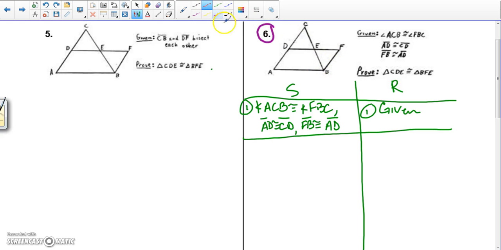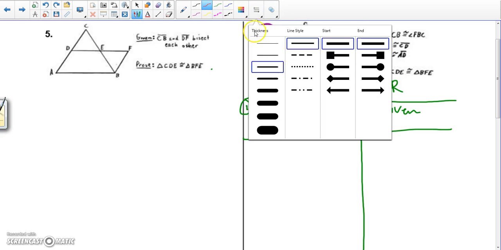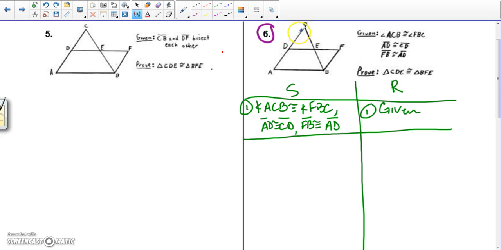So let's mark in what we know. We know angle ACB is congruent to angle FBC. We know AD is congruent to CD. And we know FB is also congruent to AD.